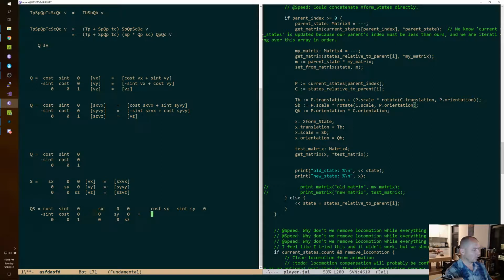And then we get minus sine theta Sx, cosine theta Sy, and 0, and Sz. Which sure looks like a rotation of a scaled vector to me, right?